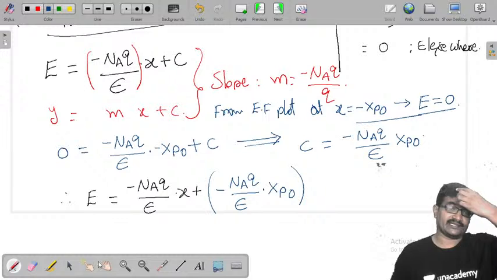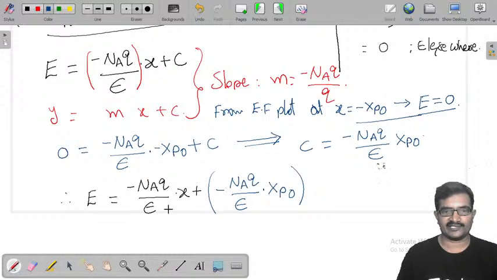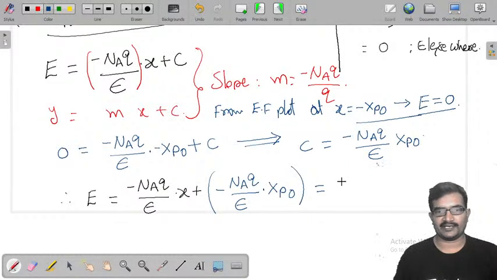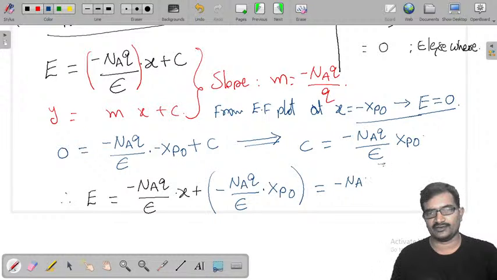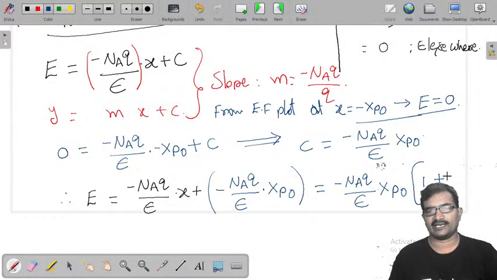Now I am simplifying this. From this I am taking minus NA into Q by epsilon into xp naught common. Then it becomes 1 plus x by xp naught.